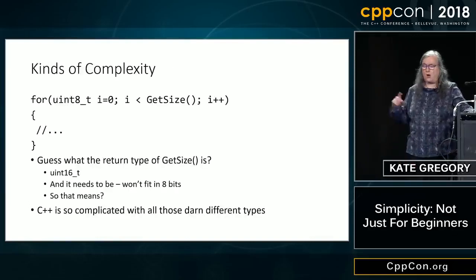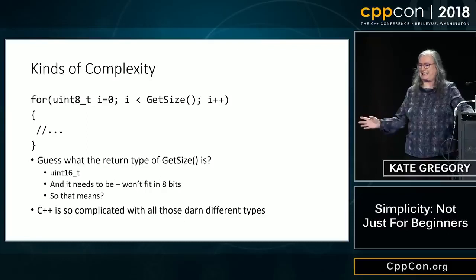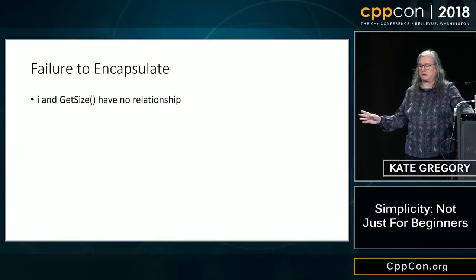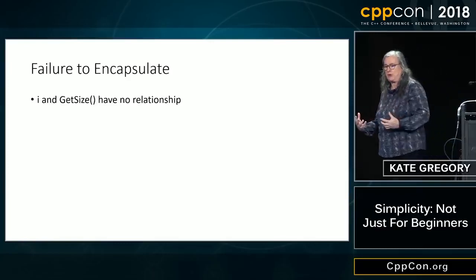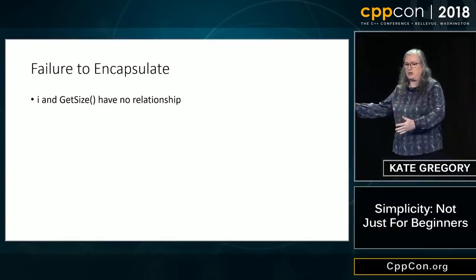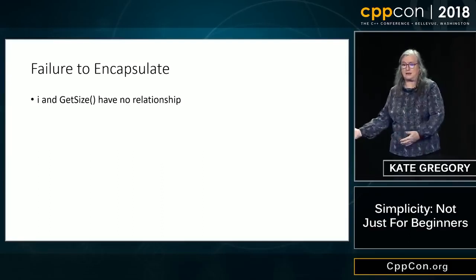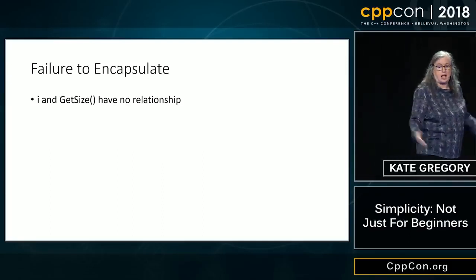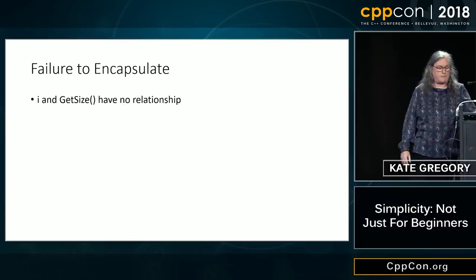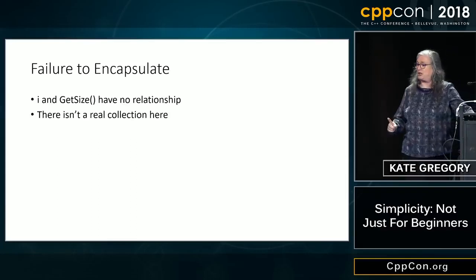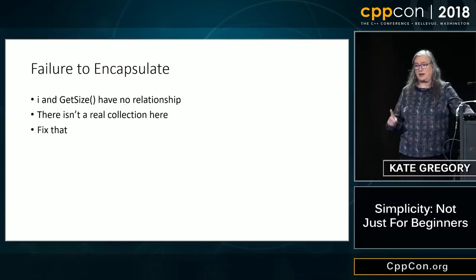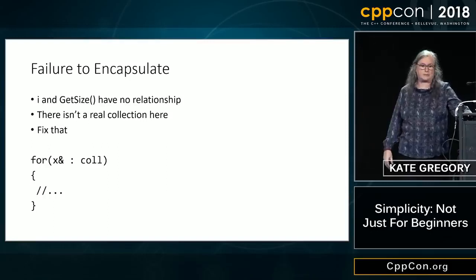The problem in this code was that i and getSize have nothing to do with each other. Right? They have no relationship. getSize is a free function. I don't know what it looks at to figure out the sizes of things. And i is just a local variable. If we had a real collection, we could iterate over the collection in a variety of ways, and we wouldn't need to memorize integer types.